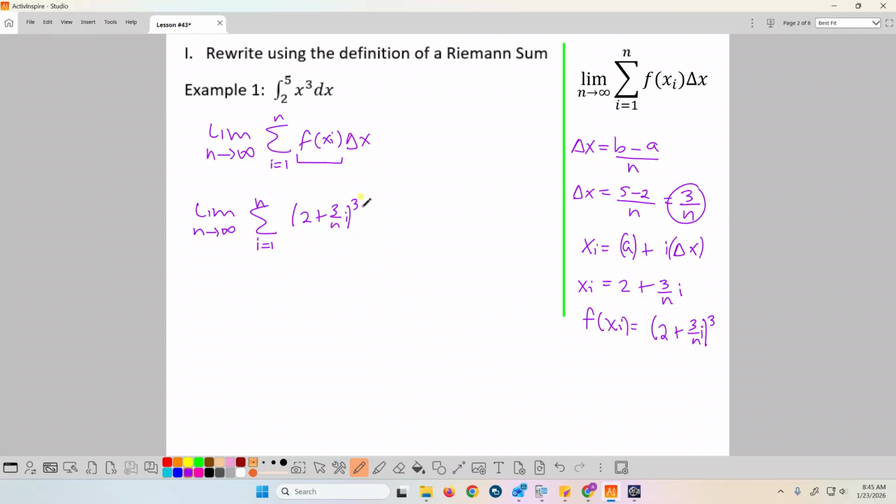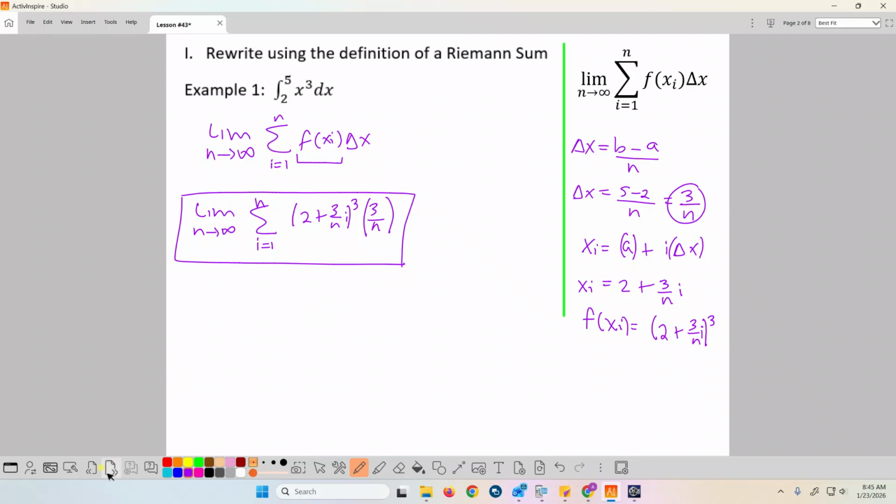And then times the delta x, which we know now is 3 over n. There you go. That's all we got to do here. That would be our answer on how we would rewrite this as a definition of a Riemann sum.